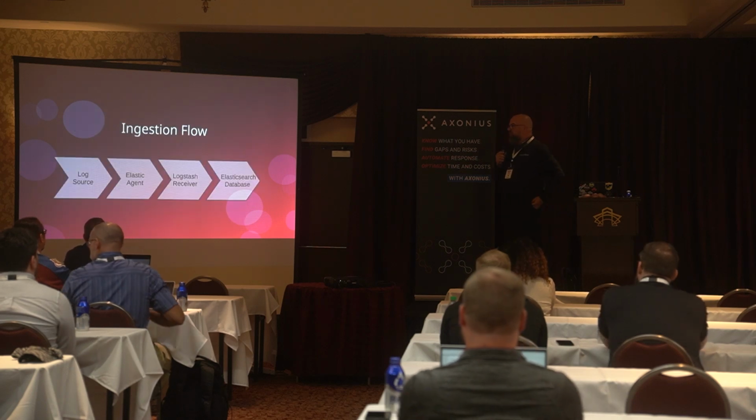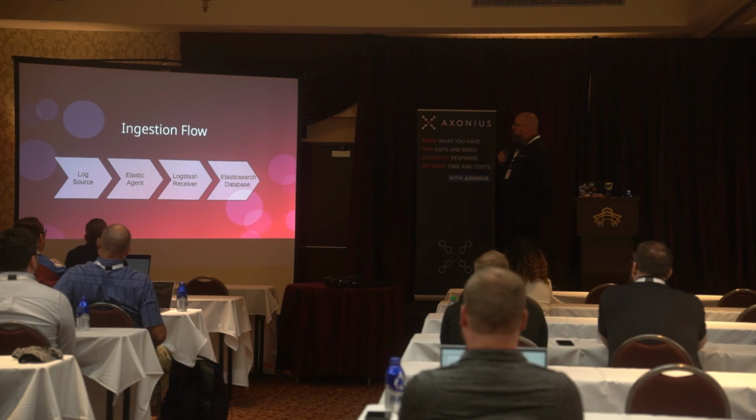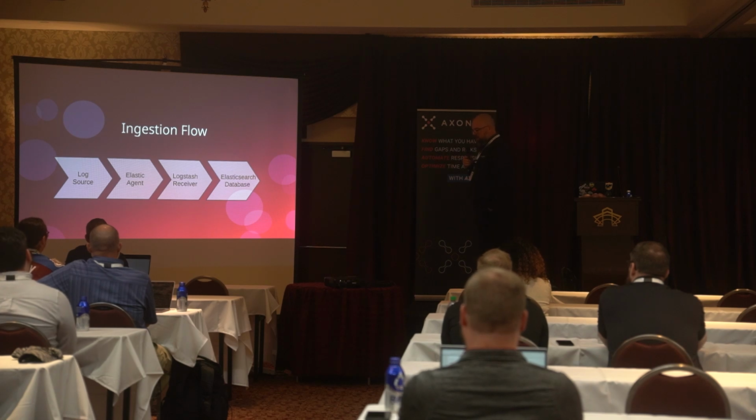So the ingestion flow for these logs is pretty straightforward. We start with the log source, whatever it may be, and whatever the transport may be. It may be a file written to a local machine. It may be packets coming in via syslog. It may be stored in an S3 bucket or in whatever other cloud providers call an S3 bucket. I'm sorry, I've mostly just done AWS.